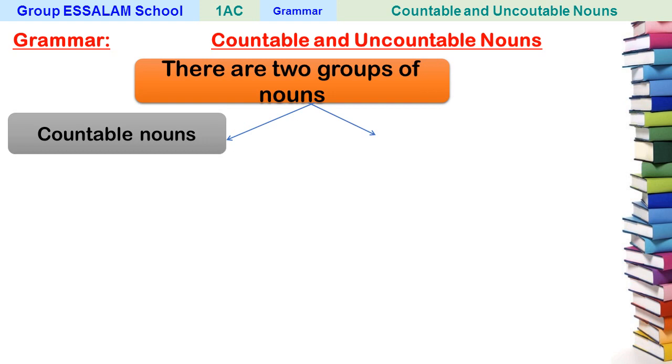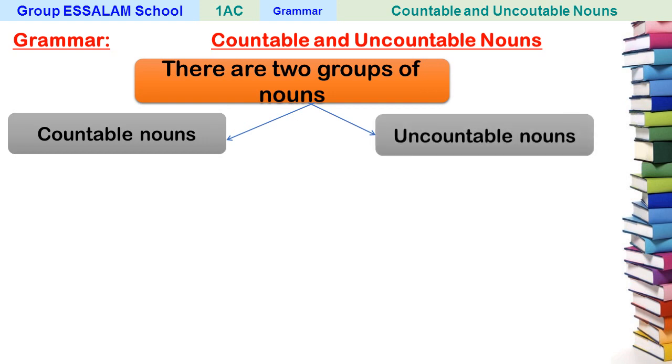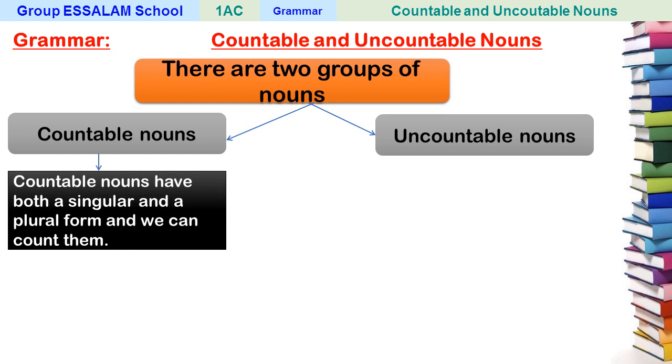And the second group we have uncountable nouns. What do we mean by uncountable nouns? Now let's start with countable nouns. Countable nouns have both a singular and a plural form, and we can count them.